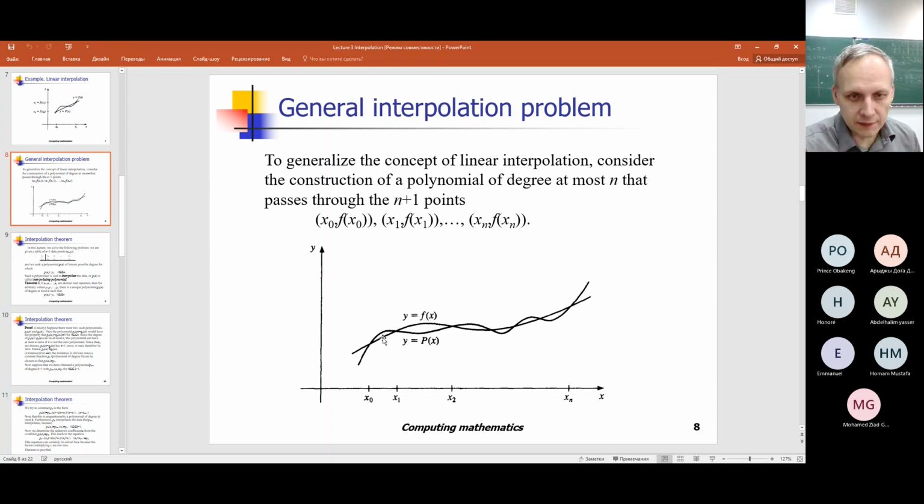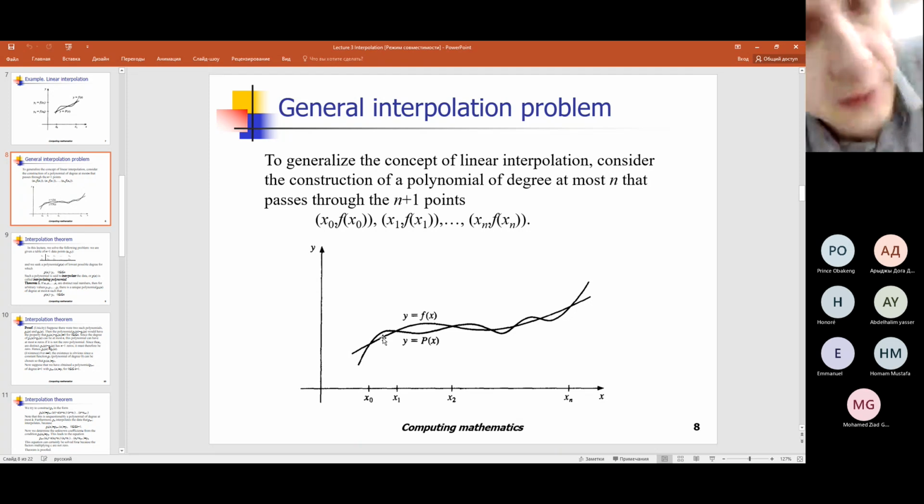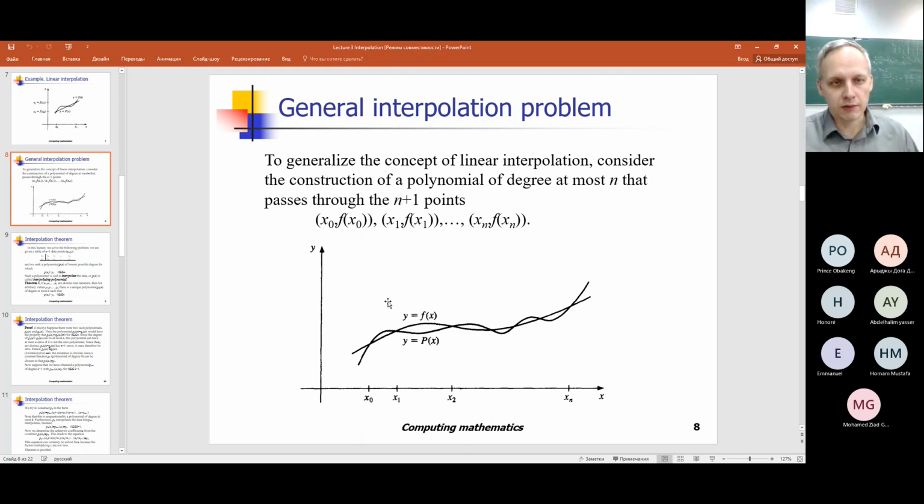There is a function f of x. We know the values f of x0, f of x1, and so on, at the points x0, x1, so we know n plus 1 points. The problem is to find a polynomial that passes through these n plus 1 points.